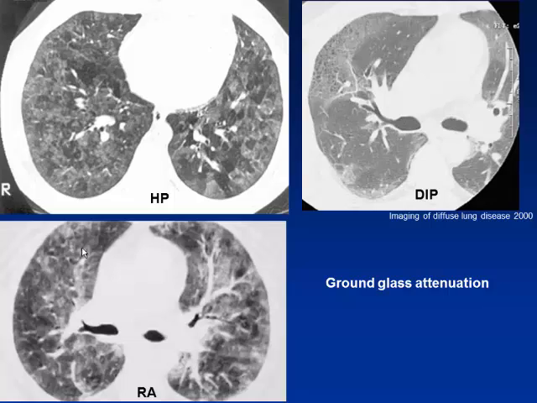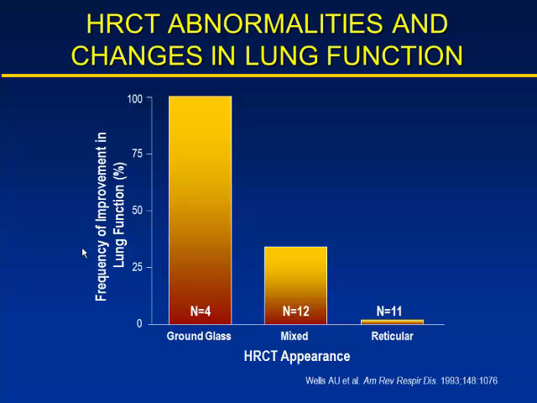And we all know what ground glass looks like. It's a hazy pattern that does not obscure the underlying anatomy like a consolidative process would. Now, why that would be important has implications for treatment response. It's been shown in multiple studies.